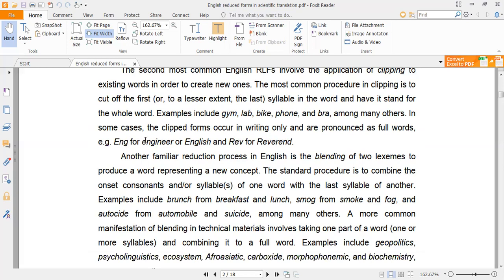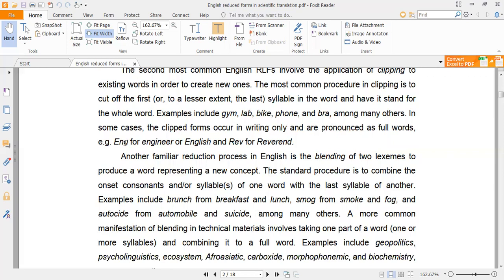Also, some clippings have written forms, but they are not pronounced as clippings or as reduced forms. So they are written-based, but not spoken-based.